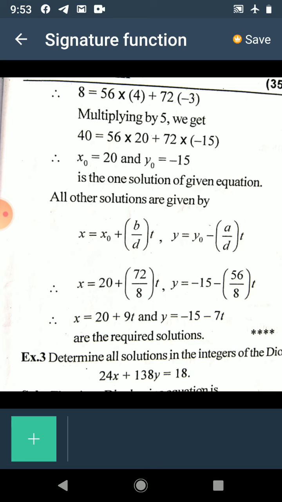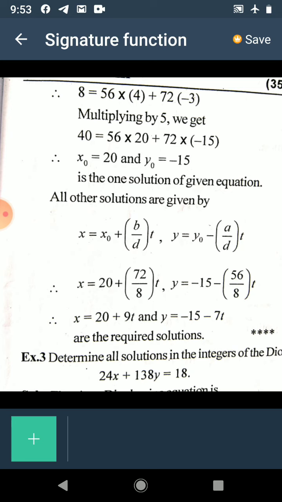Note down that the greatest common divisor of 24 and 138 by using Euclidean algorithm, you should get as 6. Listen again, the greatest common divisor of 24 and 138 will be equal to 6, and 6 divides 18. Therefore this Diophantine equation has a solution.